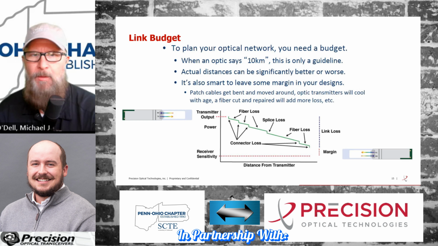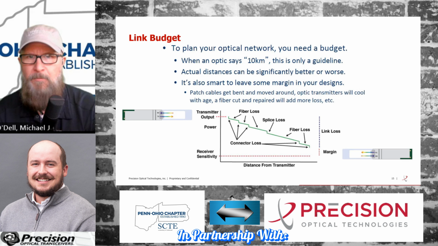I've actually noticed that on our 1 gig DWDM data sheets, the optic will be rated for 120 kilometers, but that is factoring in an 8-channel mux on both ends. So in theory, if it was just a straight link, that 120 kilometers could be pushed a little bit further.